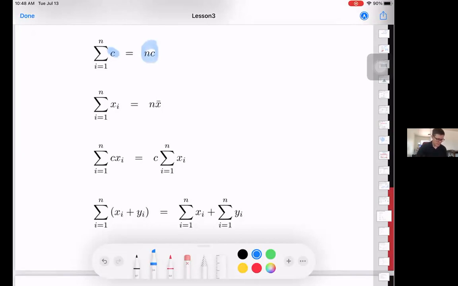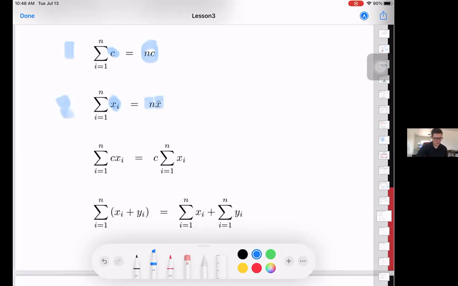So that's property 1. Property 2 is that if we summed x, it's actually the same as if we multiply the mean of x times how many x's there are. I'll show you that too.